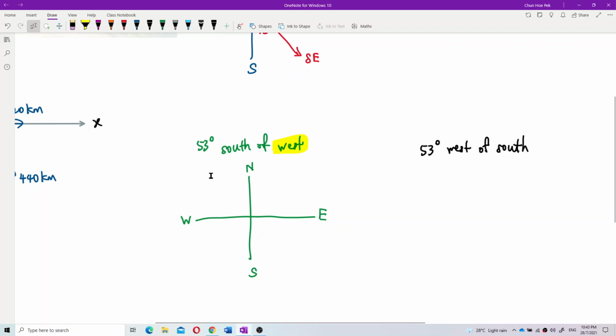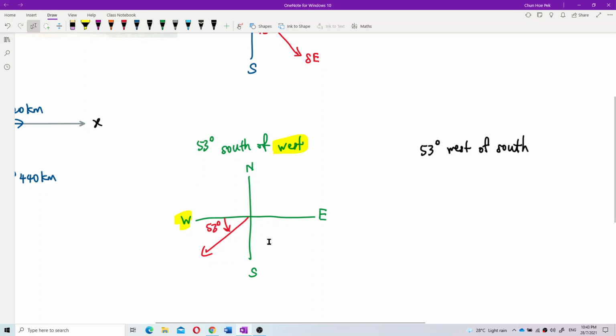Okay, south of west. That means we take from west, and then south of it, 53 degrees going south. 53 degrees going south of west. So this is our direction. This is the direction, 53 degrees south of west.